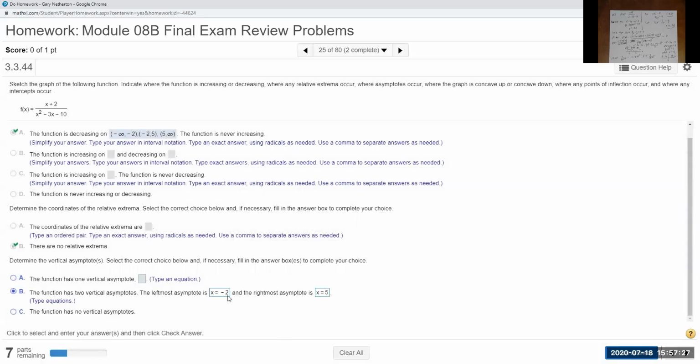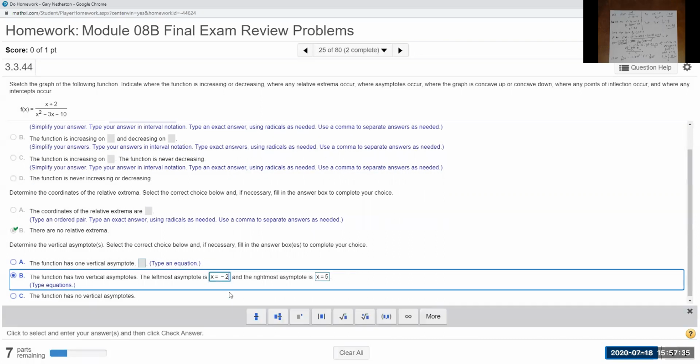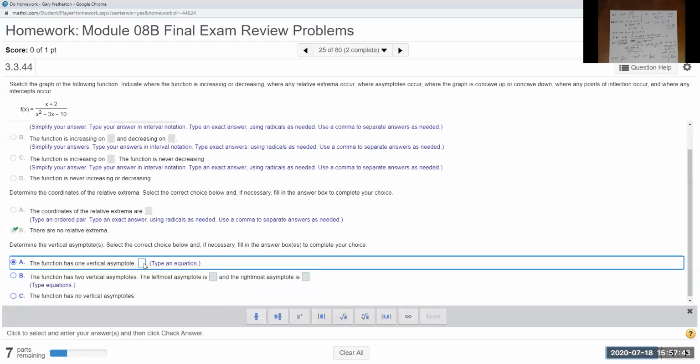I wonder if this x minus 2 is like a hole, because the bottom and the top are both the same. I bet it's not an asymptote. It's probably like a hole. So my guess is there's just one.